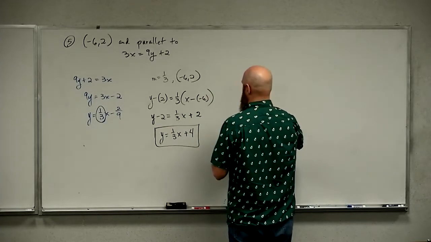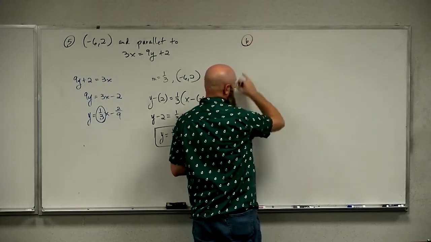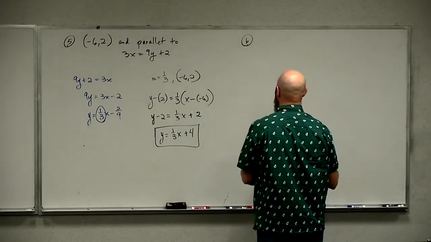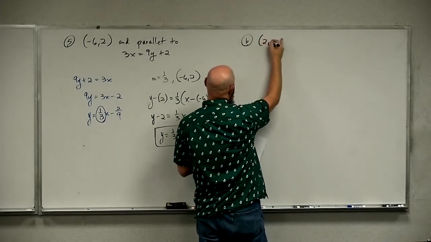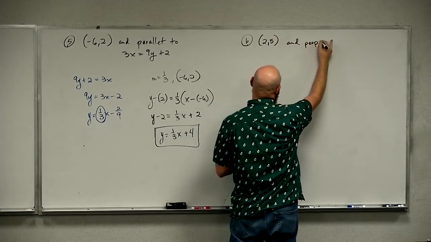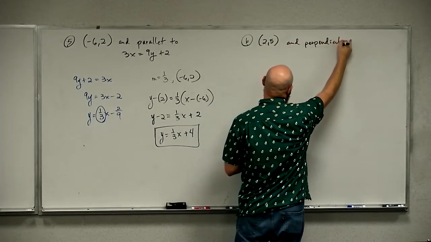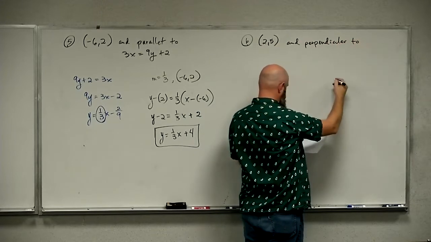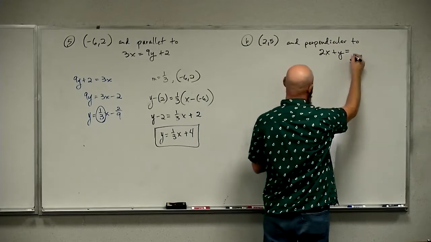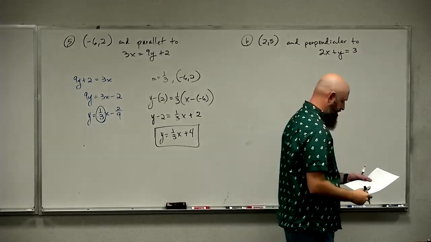All right. Number 6, let's look at that perpendicular that I just talked about. So we want to be using the point (2, 5) and perpendicular to 2x plus y equals 3.